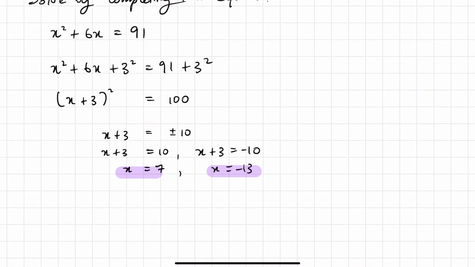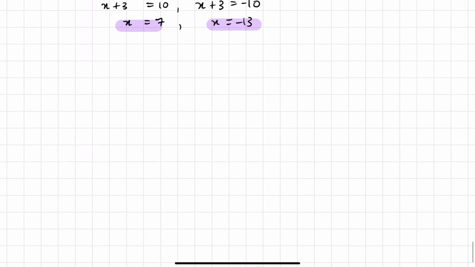The one last thing I'm going to show you is you may have a question like this. This is the last type of question you might have to do, which is 2x squared plus 8x minus 1. The only caveat with completing the square is the coefficient of x squared, the one at the very beginning, needs to be 1.